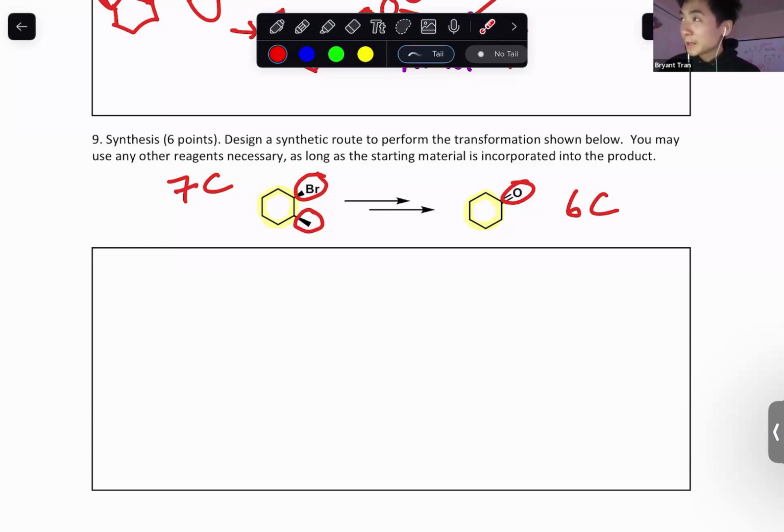What alkene reaction have you guys learned that cuts a bond in half? And I like to call this reaction the scissors reaction.